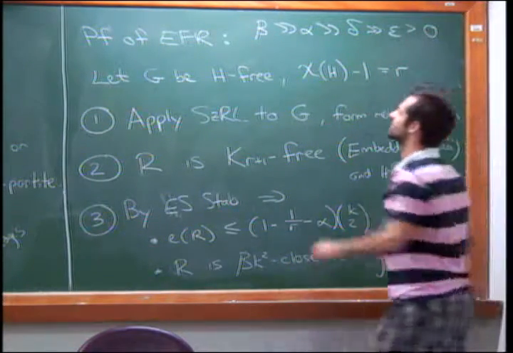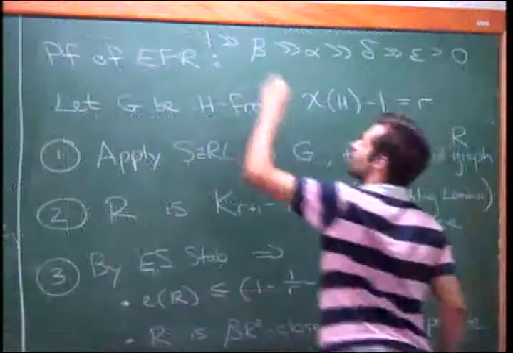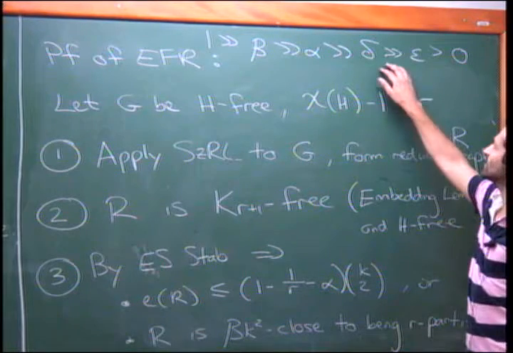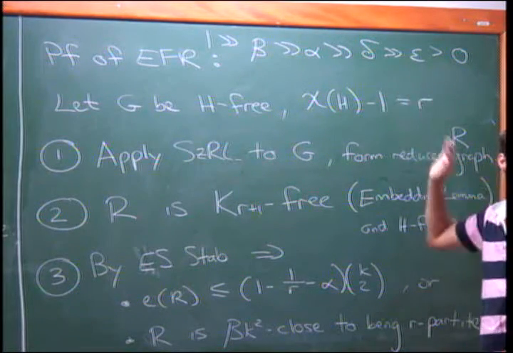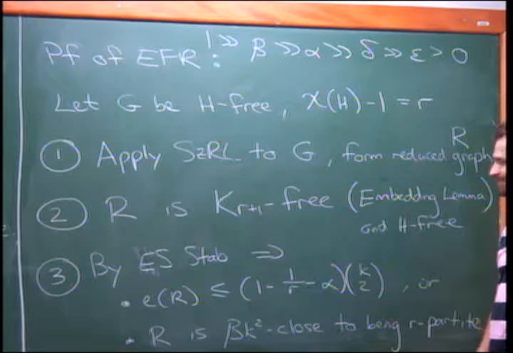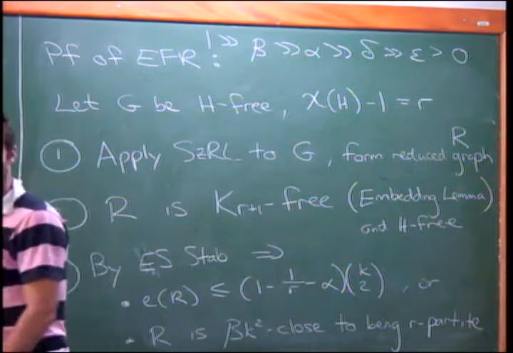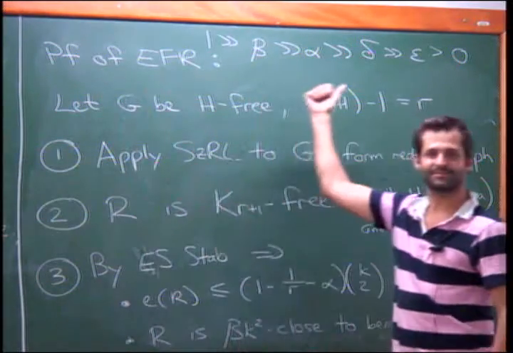is like this. We're going to pick beta much smaller than 1. Okay? So this is, you just have to remember the order, right? There's nothing complicated. Okay? So because alpha is much bigger than delta, we pick them in this order.